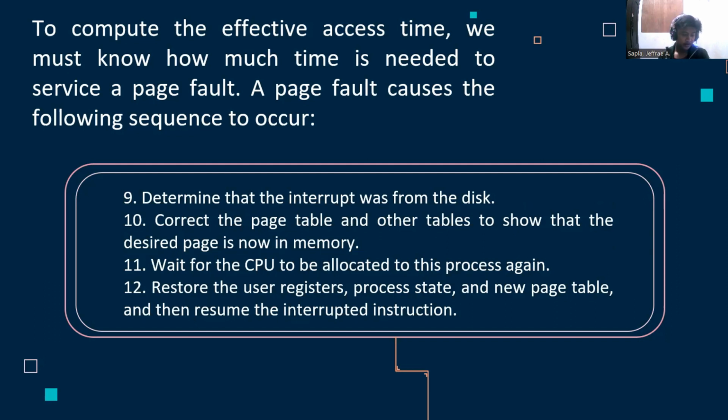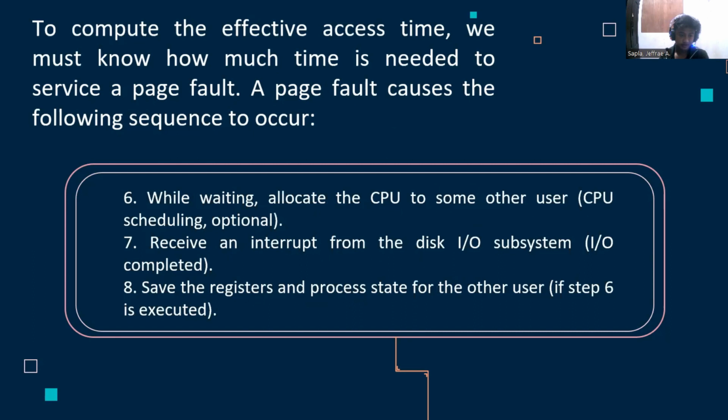Not all these steps are necessary in every case. For example, we are assuming that in step 6 the CPU is allocated to another process while input-output occurs.